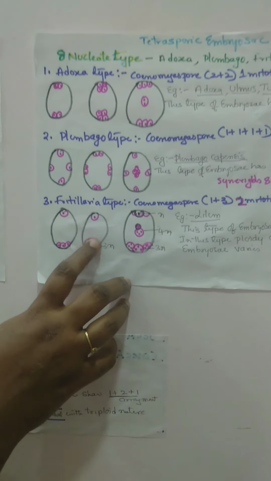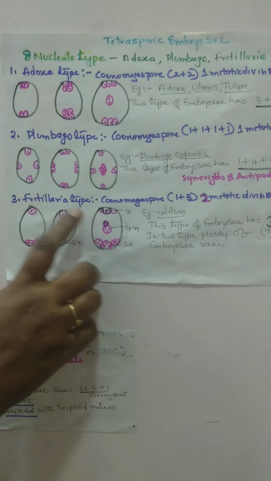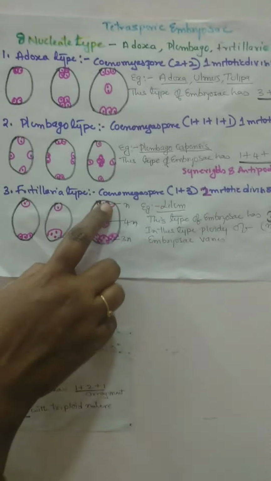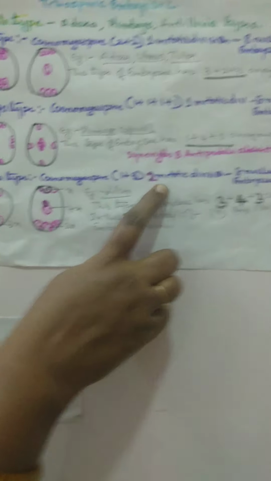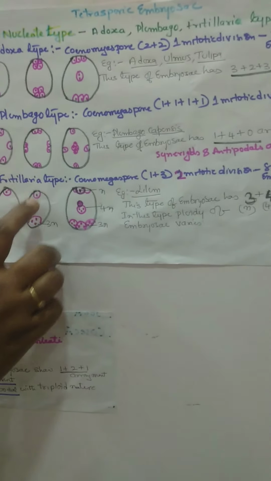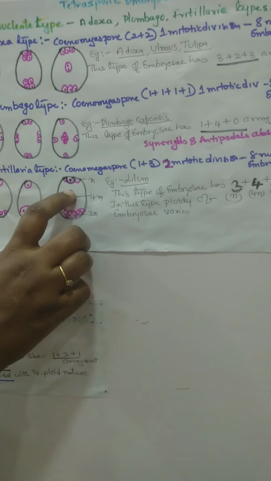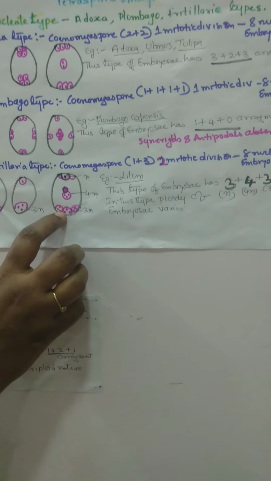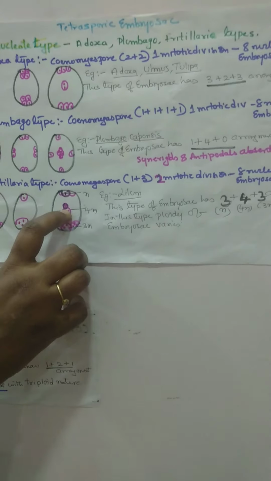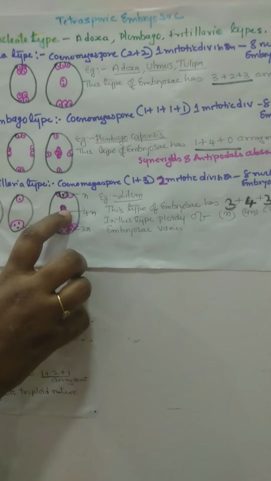Okay, so here we find that these 2 nuclei now will undergo 2 mitotic divisions, leading to formation of 4 cells up there, 4 cells down. Now out of which 1 nucleus from the upper side will migrate here, 1 nucleus from the chalazal side will migrate into the center. So leading to formation of what?